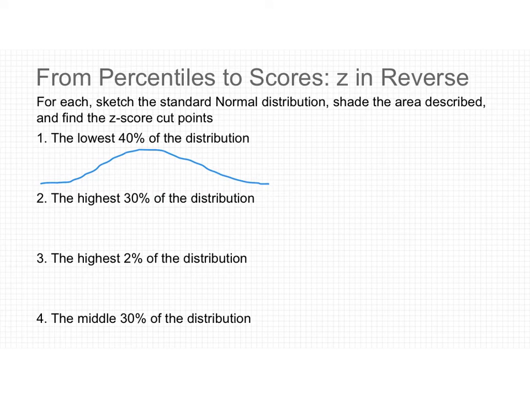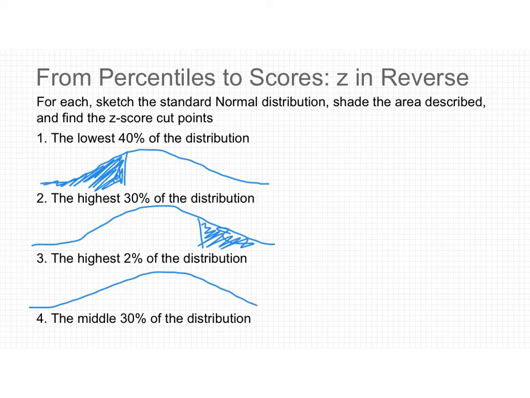If we're looking at the lowest 40% here, we know 50 is right at our mean, so 40% can be somewhere in there, and we're looking for the lowest of that. As we look at our highest 30%, we know there's 50, so 30% is going to be somewhere there. We want the highest, so we want that side of it. Another, highest 2% is all the way out here, so it's just a little portion. And highest, so we want the right side of that.